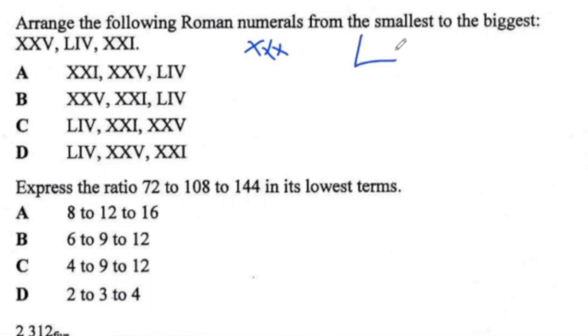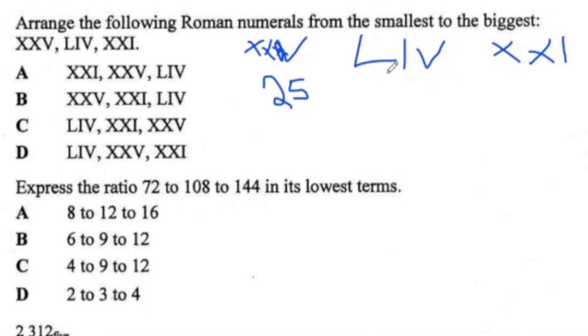Okay, then we have this. So this is V, not X. Wow, this is V. So this is 25, and here we have this is 50, and this is 1.